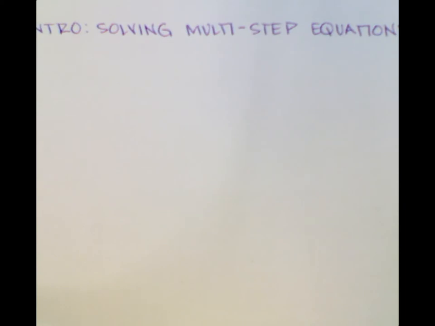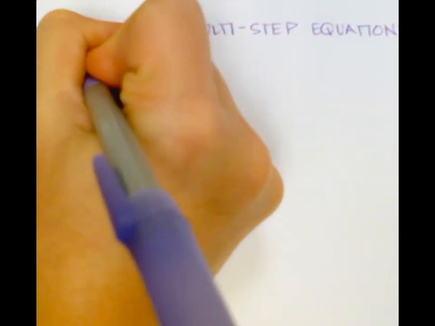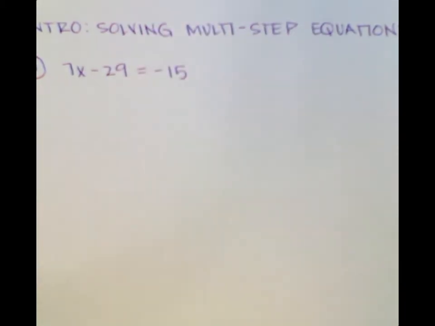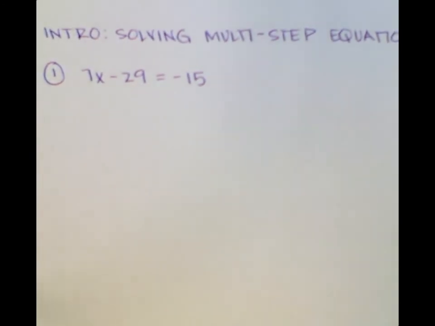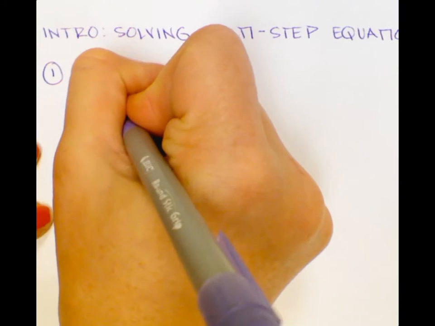Let me grab a calculator right beside me. Okay, number one. We are going to solve 7x minus 29 equals negative 15. So we're going to start off pretty slow, because this is an Algebra 1 skill, so you might have forgotten it. We know we're going to get rid of that minus 29 first, so we always do the opposite.